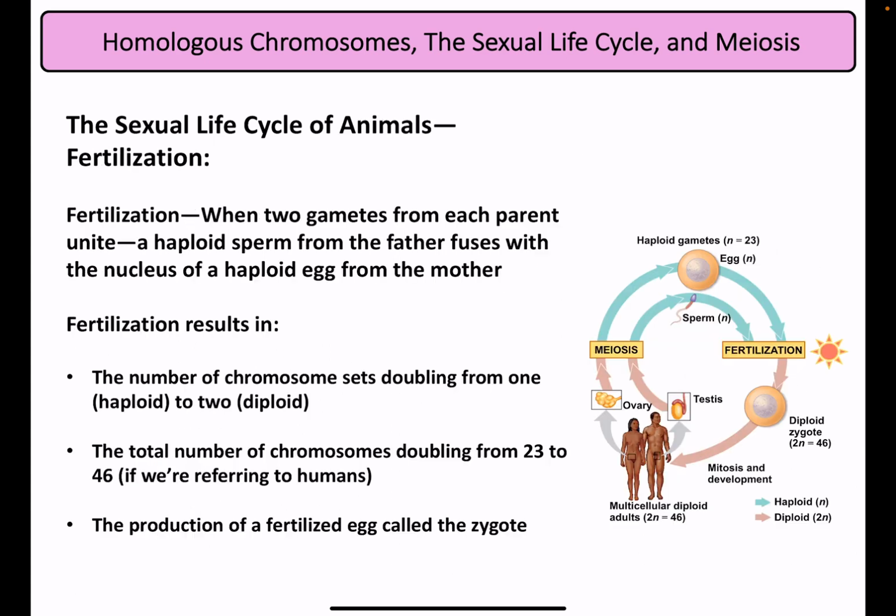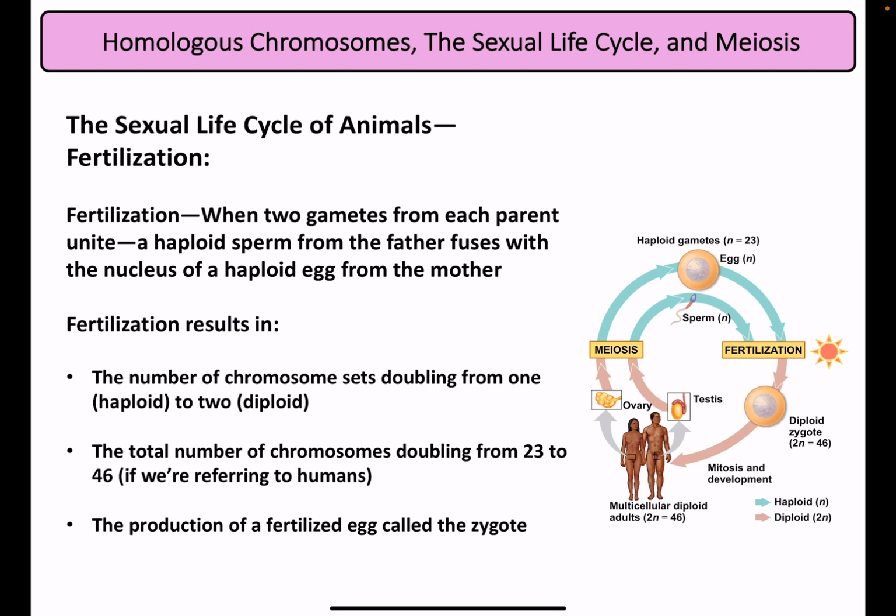Moving on, when 2 animals mate, potentially their 2 gametes will fuse. During a process called fertilization, sperm fuses with the nucleus of the egg, and they basically combine their chromosomes.